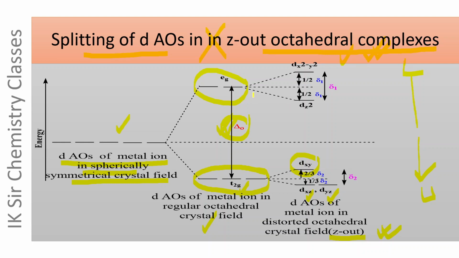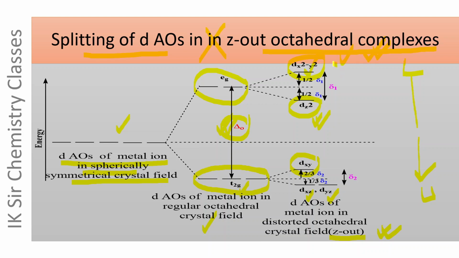Similarly, in this case also, the energy of dz square atomic orbital decreases because its electron experiences lower repulsion from the ligands. On the other hand, the energy of dx square minus y square atomic orbital increases because its lobes are encountered by 4 ligands, and the electron present in this orbital experiences greater repulsion.